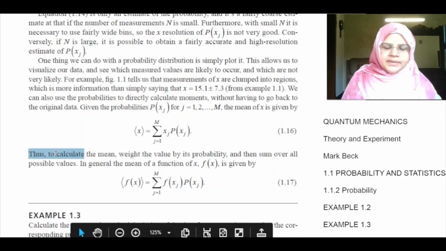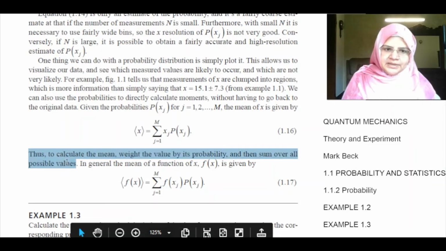Thus, to calculate the mean, weight the value by its probability and then sum over all possible values.